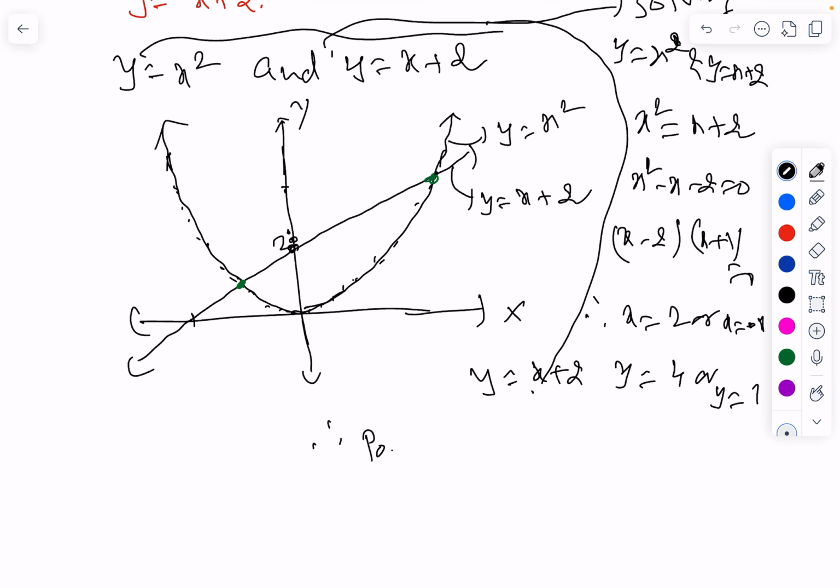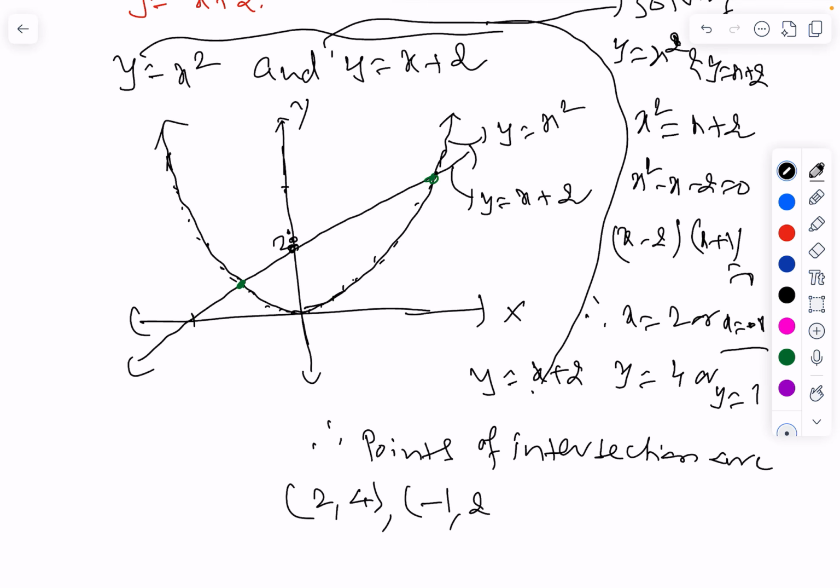So therefore the points of intersection are x 2, y 4, and x minus 1, y 1. So this is (minus 1, 1), and this point is (2, 4). So this is the region of integration.